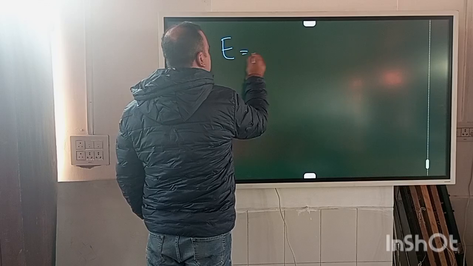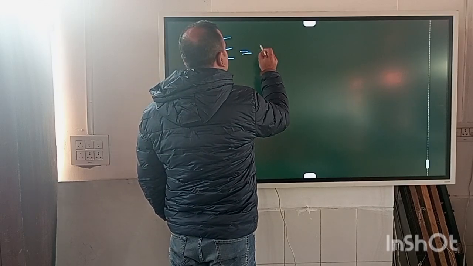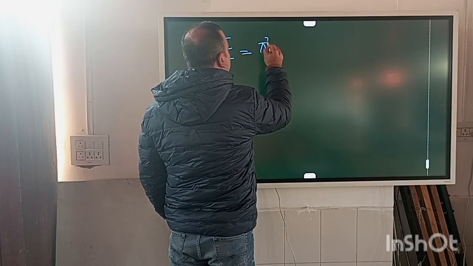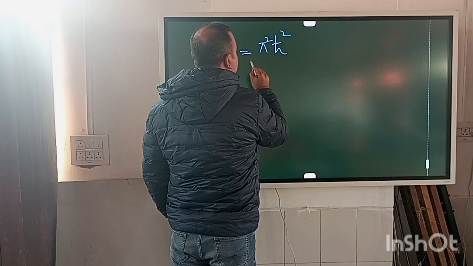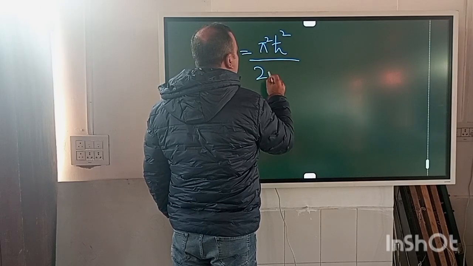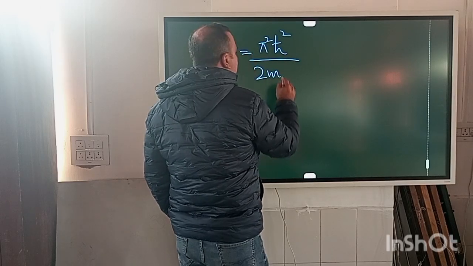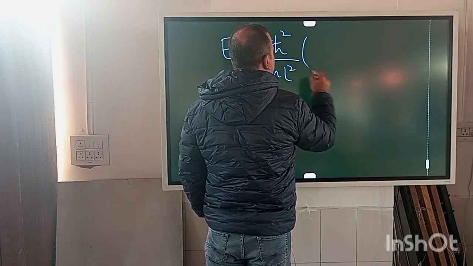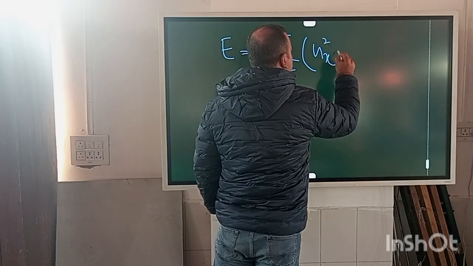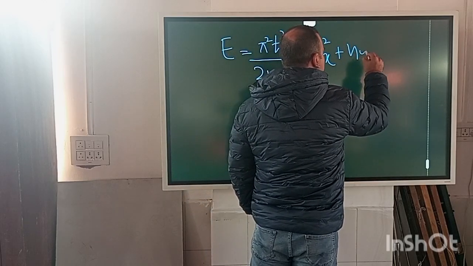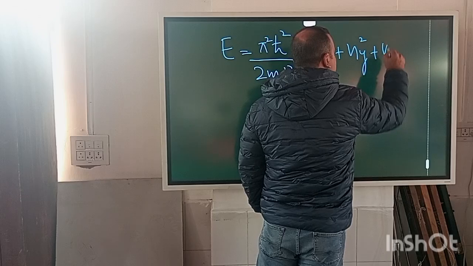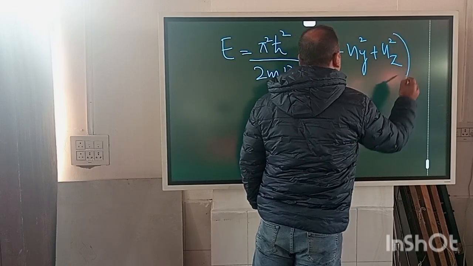E, and E is pi square h bar square by 2m L square times nx square plus ny square plus nz square.